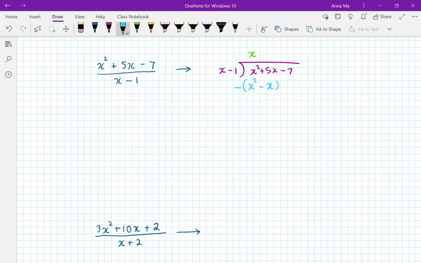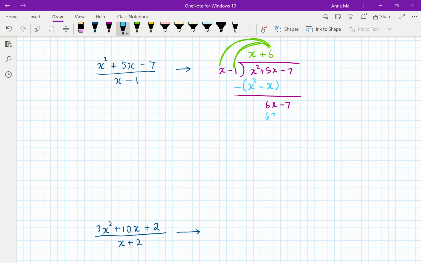Subtract that whole thing from your dividend. Then I get x squared minus x squared, nothing. 5x minus negative x. So that's 5x plus x, which gives me 6x. The constant stays as minus 7. And then I think x times what gives me 6x, positive 6. And that is what you multiply to both of the terms.